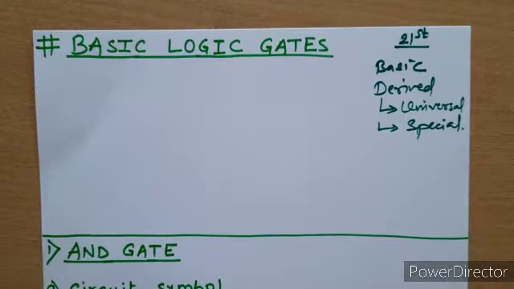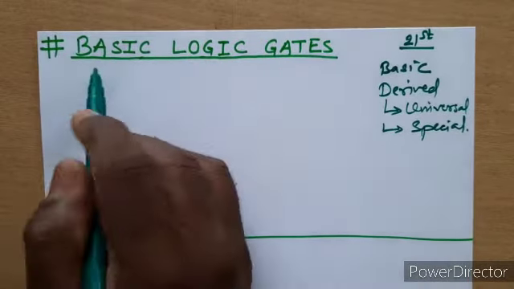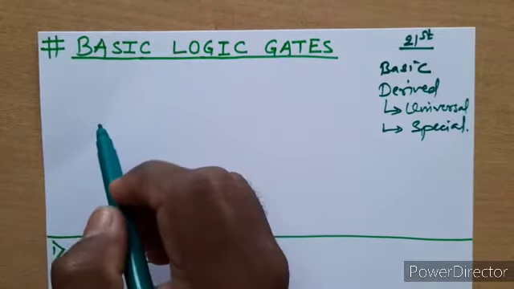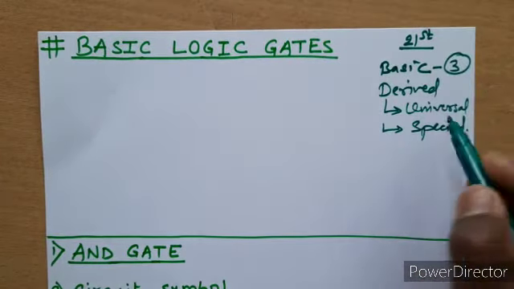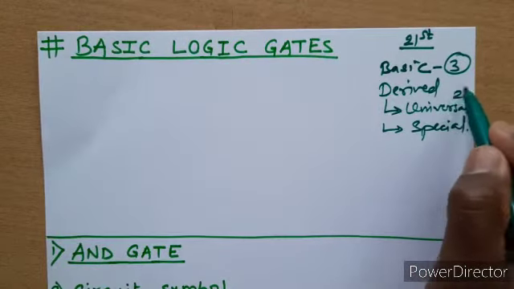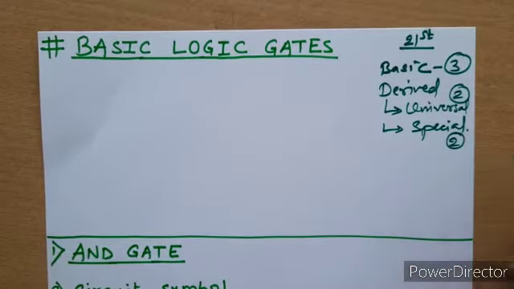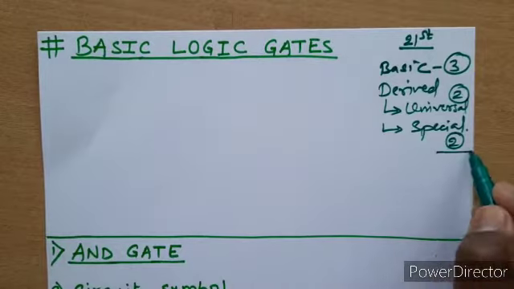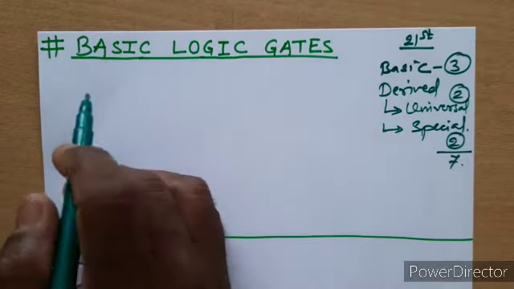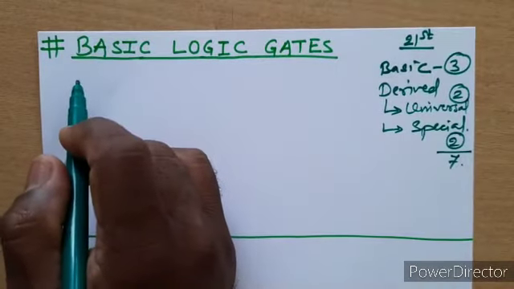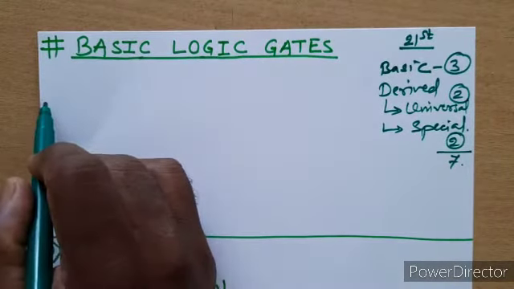Right? So in this lecture we are going to discuss these basic logic gates. So for basic logic gates we have three types of gates: universal we have 2 and special we have 2 gates. So all in all we have 7 different gates. So let us now direct our discussion on these basic logic gates.